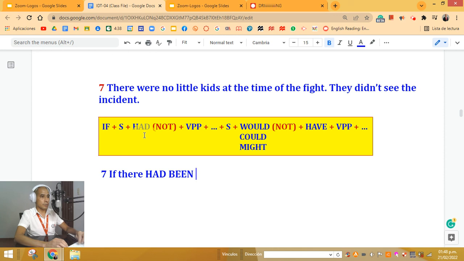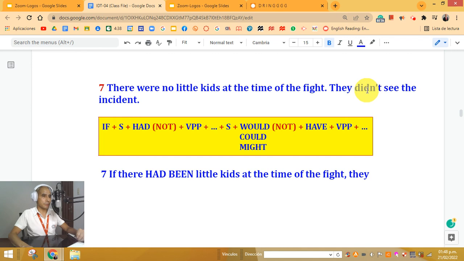If there had been little kids at the time of the fight, here I need a comma. It's very important right after the if clause. Okay.